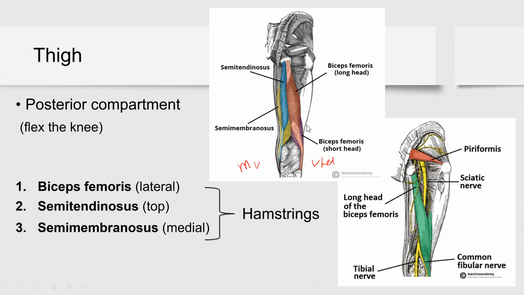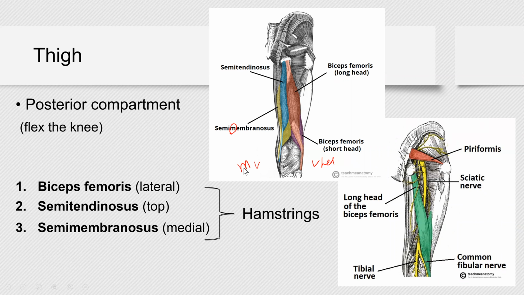So it gives you some orientation. Now on the medial side, you have two muscles. You have semimembranosus shown here in yellow, right? So this part over here and this. And to remember that semimembranosus is on the medial side, you look at this M, semimembranosus. So it's on the medial side.